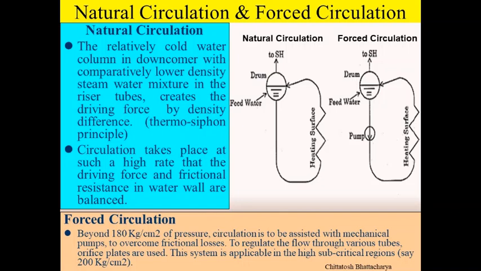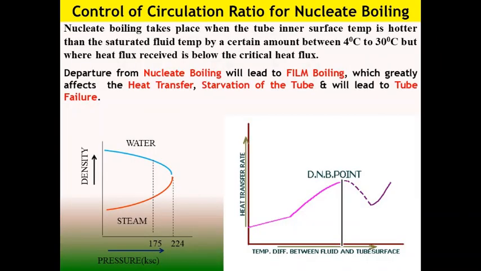Therefore, whenever the operating pressure goes beyond 180 kg per centimeter square, we need pumps in the downcomer segment so that we can maintain the circulation at an adequate level, so that heat transfer remains in the same condition.